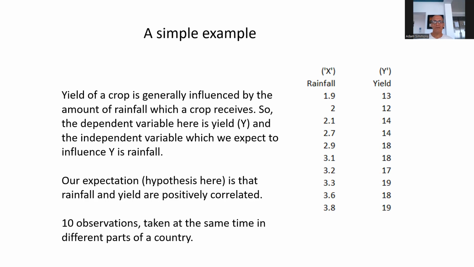And what we assume is that the more rainfall there is, generally, the better the yield will be. So what we have here is a set of 10 observations, which are, let's say, taken from different parts of the country. So there's no time element involved here. This is a snapshot of 10 different experiments, 10 samples, as it were.